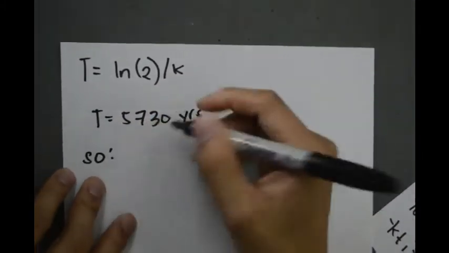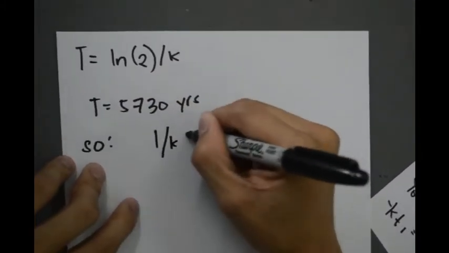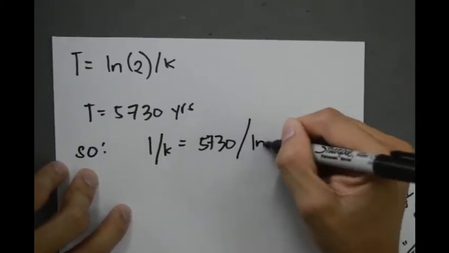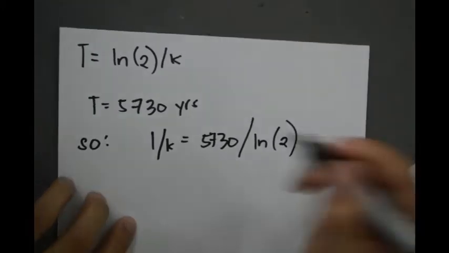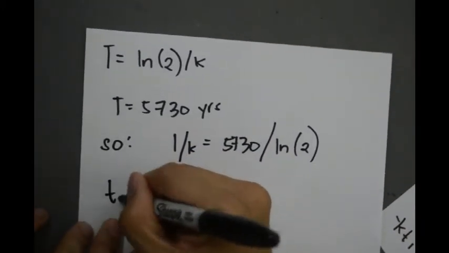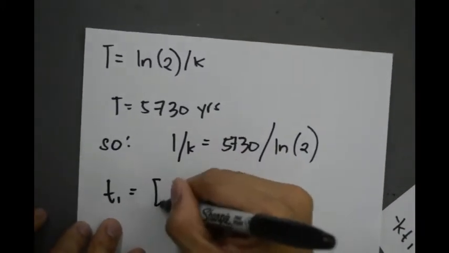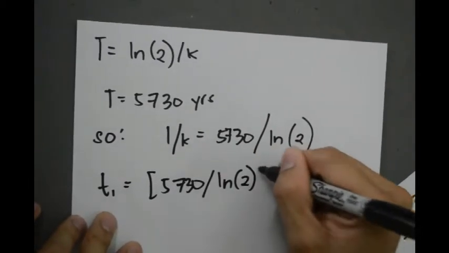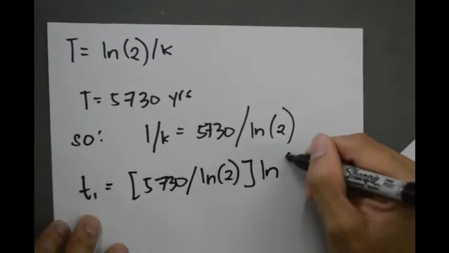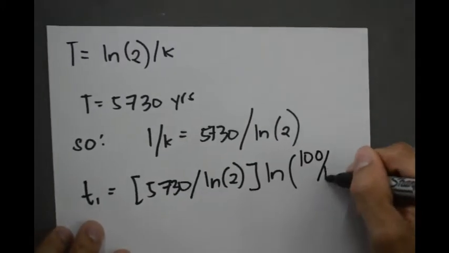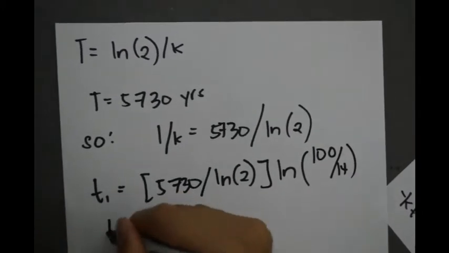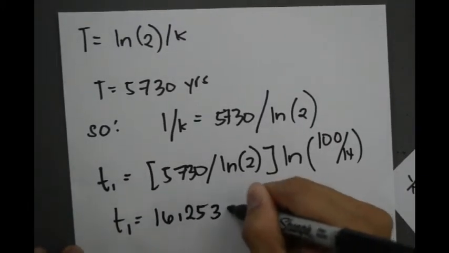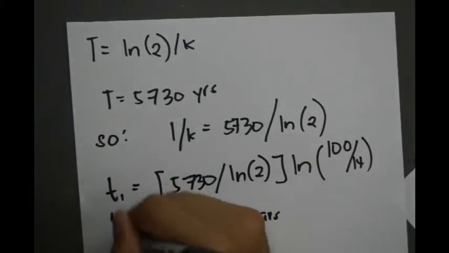So 1 over k equals 5,730 over ln of 2. We obtain t1 as 5,730 over ln of 2 times ln of 100 over 14. Hence t1 equals 16,253 years.